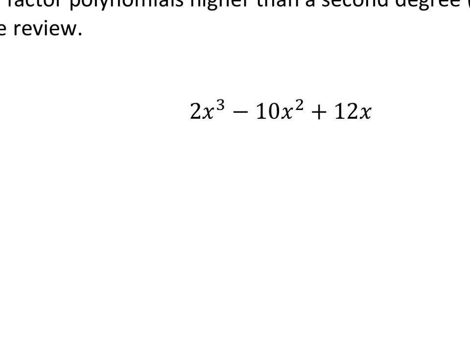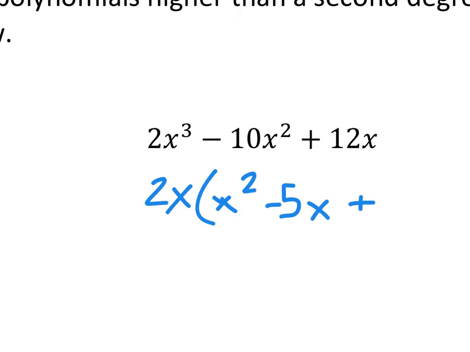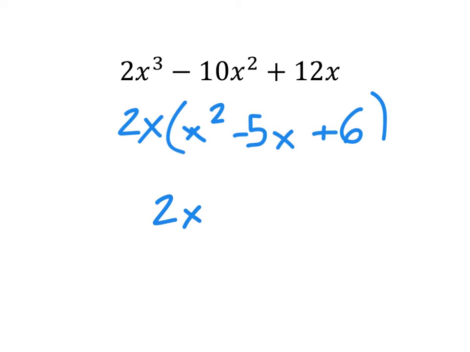So here's another one with greatest common factor. You might recognize that they're all divisible by 2, and they all have an x that they can also give. So here we get x squared minus 5x plus 6. Now this one does factor further, where we have x and x.